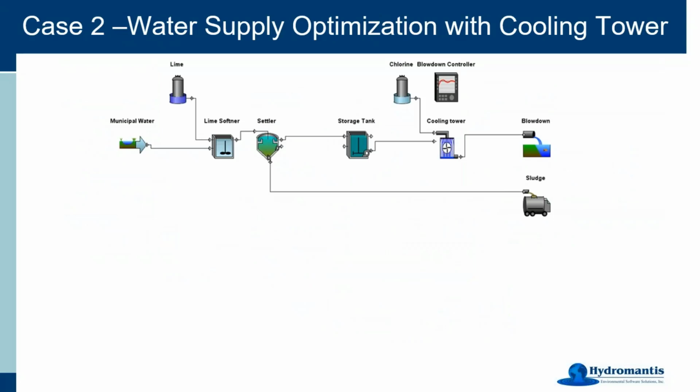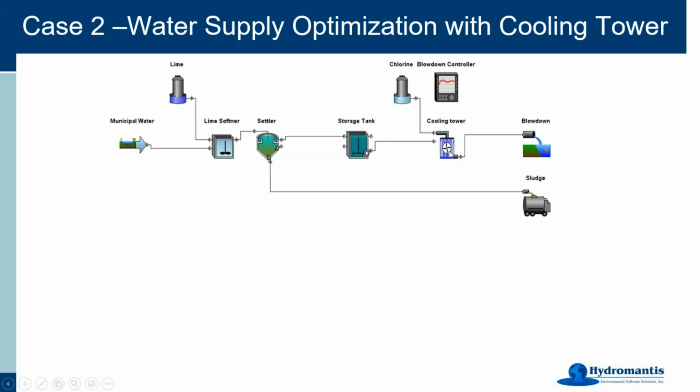The second exercise that I want to show here is a case where there is a water treatment plant being used to produce water that can be used as makeup water for a cooling tower.